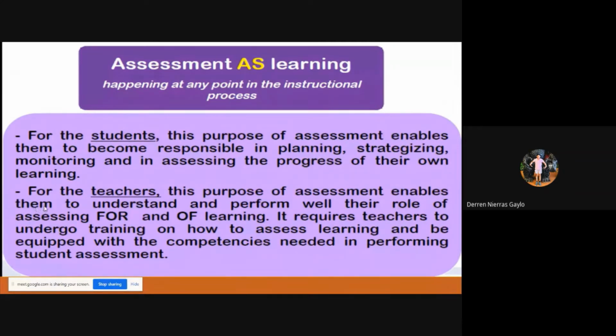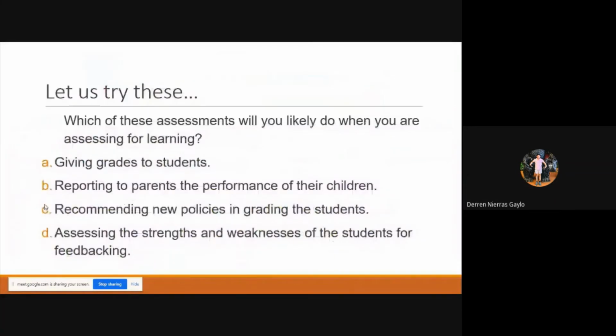Let's try some LET-type questions for us to clearly understand the different terms and concepts that we have here. This one: which of these assessments will you likely do when you're assessing for learning? Take note, if you're assessing for learning, that's formative, diagnostic, and placement.